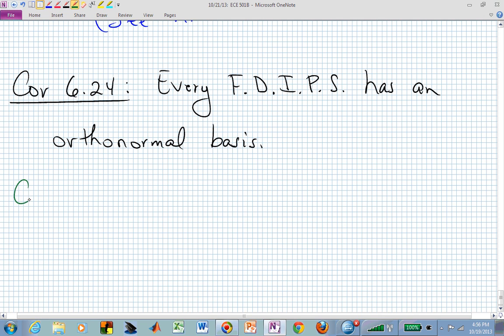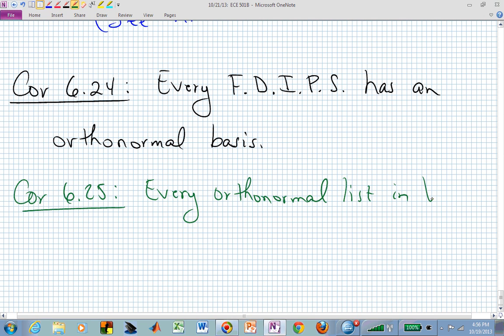Another corollary, corollary 625. Every orthonormal list in our vector space V. So we might start out with an orthonormal list that's not quite complete in that it may not be as large as the dimension of our vector space V. Well, we can complete that list to make it a basis.